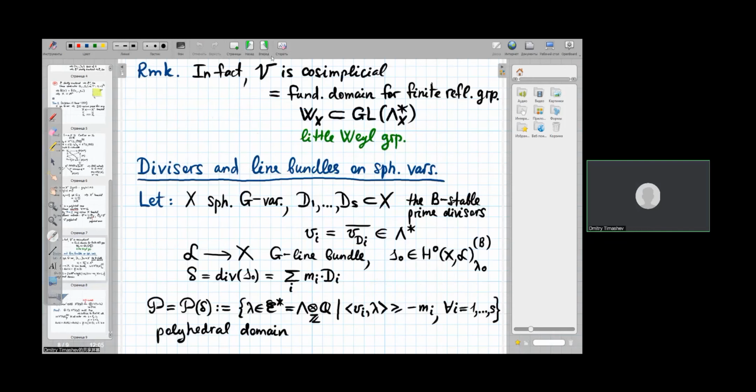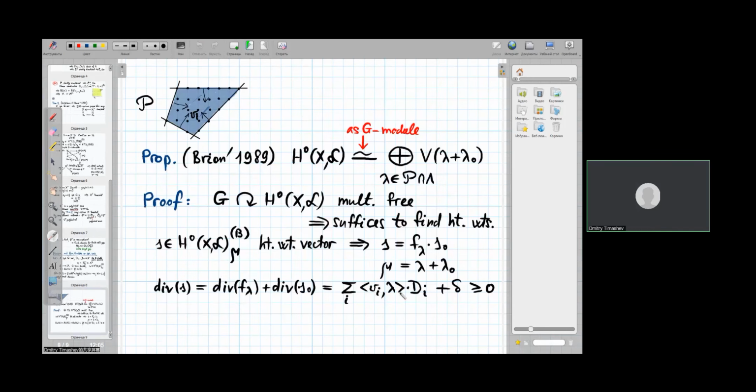So we have the following. Each of these pairings plus the respective mi should be non-negative. So this condition that the divisor is effective holds if and only if the pairing of vi with lambda plus mi is non-negative for all i's.